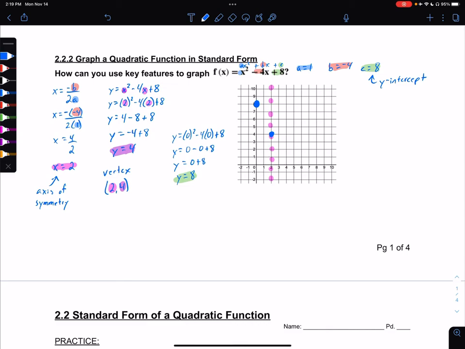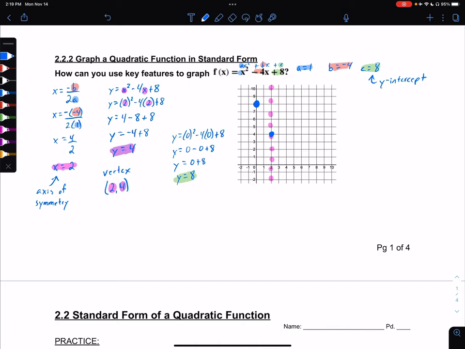So we've now plotted that. Now we do need one more point. Maybe more than one, but we'll just go with one to get a rough sketch. We have a point on the left side of our axis of symmetry, so we need a point on the right side. The axis of symmetry cuts your graph in half, and it makes it so the left and the right are mirror versions of each other.